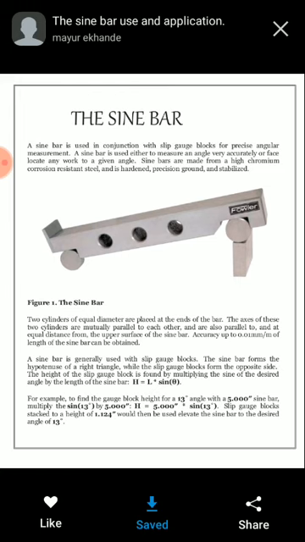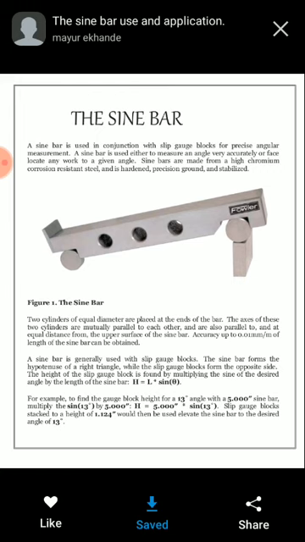For example, to find the gauge block height for a 13 degree angle with a 5.000 inch sine bar, multiply the sine of 13 degrees by 5.